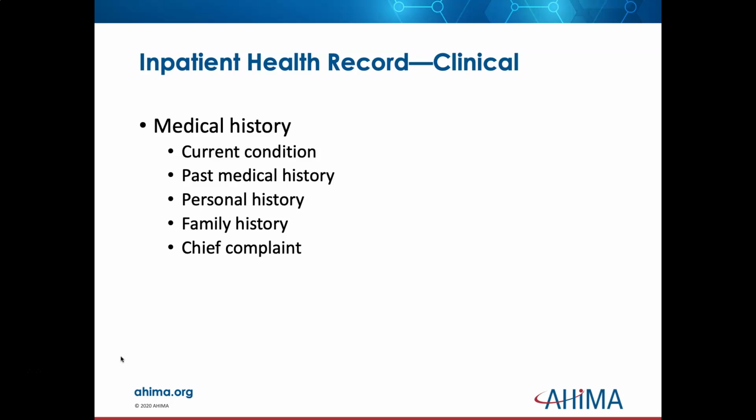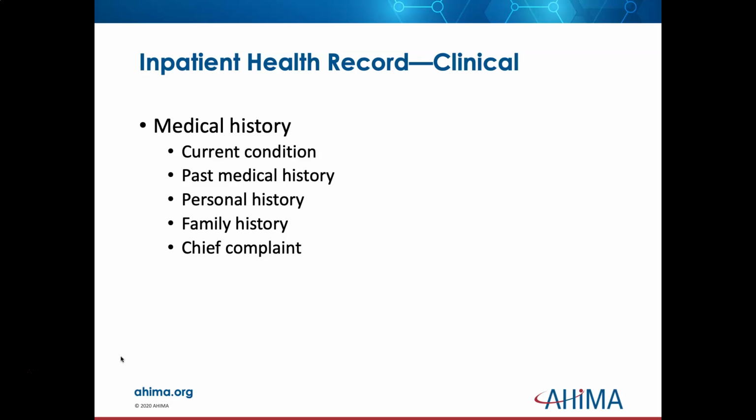Personal history. This has to do with things that are part of your personal history that may have an impact on your health care. It used to be called social history. For instance, do you use alcohol or drugs?